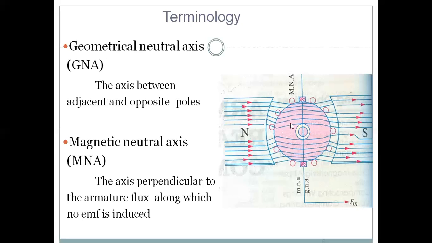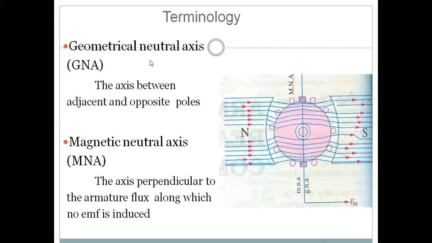But for four poles, the MNA and GNA are different. Remember, underline it, MNA and GNA are different for a four-pole DC generator. Here, I am considering only the North Pole and South Pole, so the MNA axis and GNA axis lie on the same line.